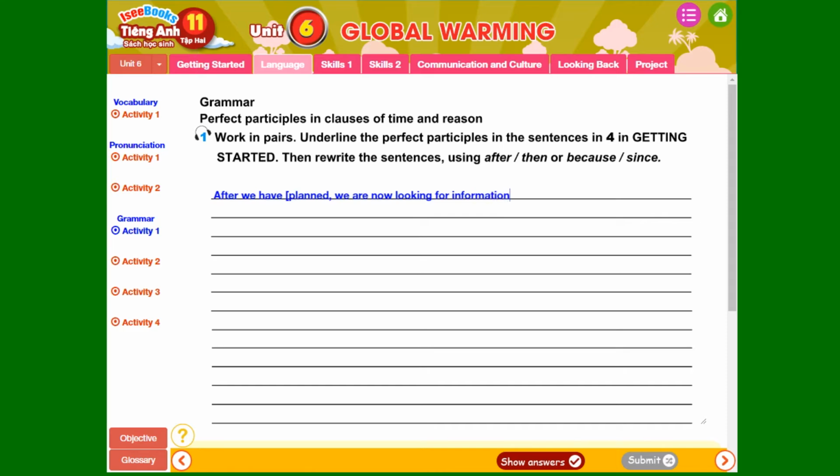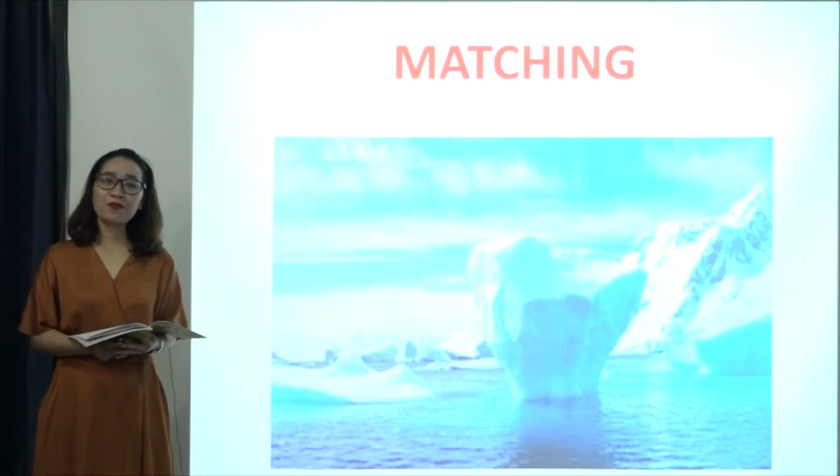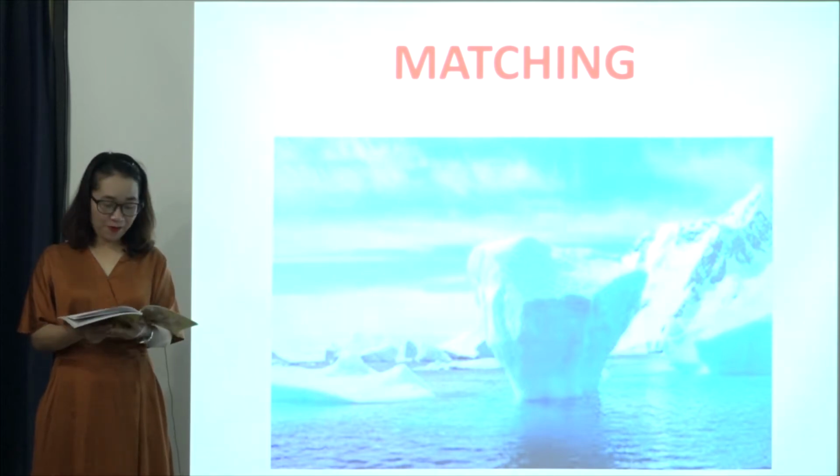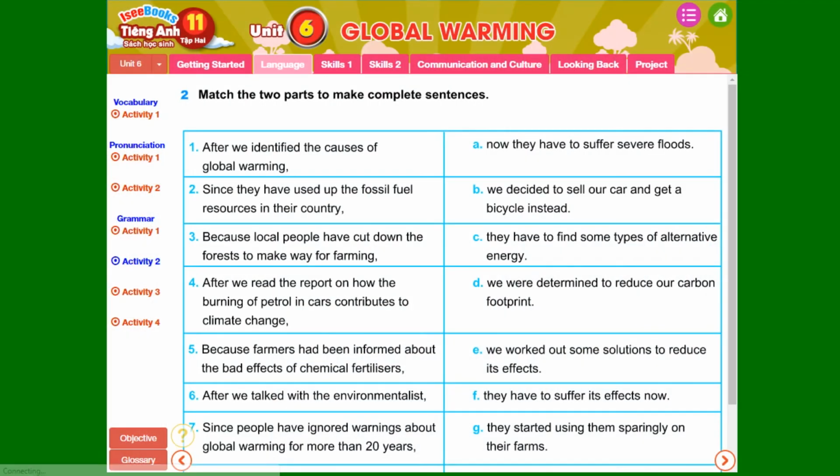Or, having treated the environment irresponsibly, humans now have to suffer, for example. So after or because. Now let's move to activity 2 of grammar today is matching. 2. Match the two parts to make complete sentences.